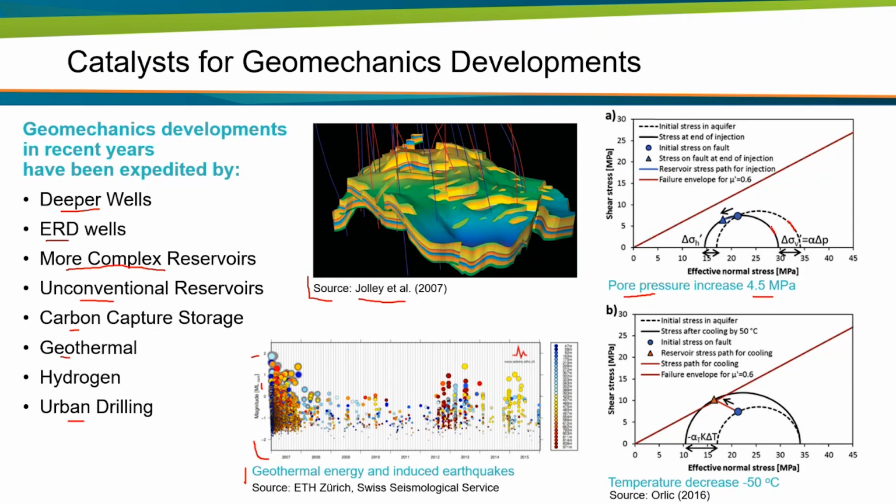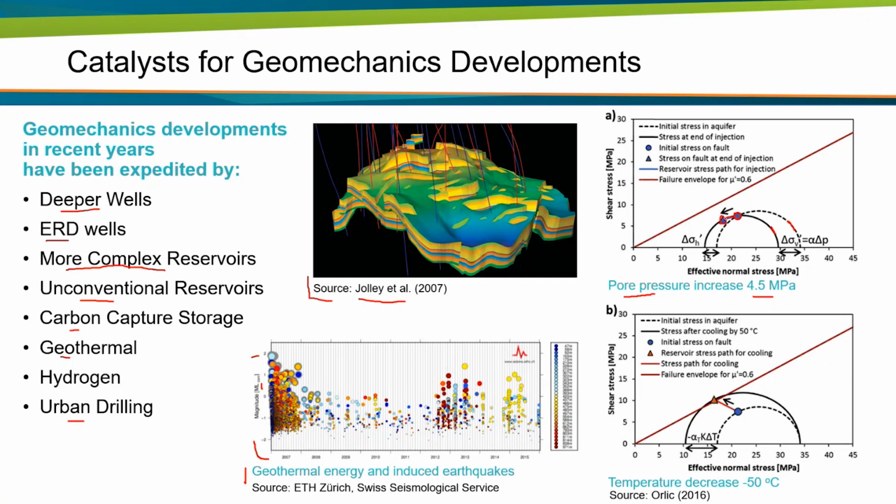The solid circle is the state of stress after injection. So if this blue point here reflects the state of stress on a fault through that aquifer, then before injection and after injection, you get the state of stress here. So you move from here to here.